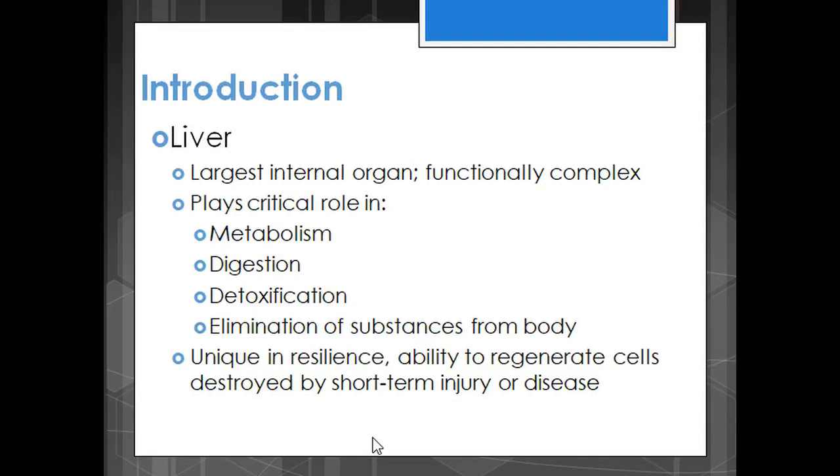It plays a critical role in metabolism, such as carbohydrate, protein, and lipid metabolism, as well as digestion, detoxification, and elimination of substances from the body. One unique characteristic of the liver is its ability to regenerate cells destroyed by short-term injury or disease.